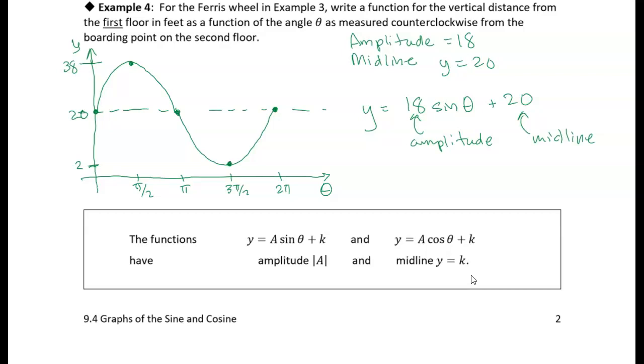So the amplitude is essentially the absolute value of a, and the midline is that k value. The same thing happens with the cosine function. We can stretch it vertically by multiplying by a, which gives us our amplitude, and k is a vertical translation. So the midline is y equals k, and the amplitude is the absolute value of a.